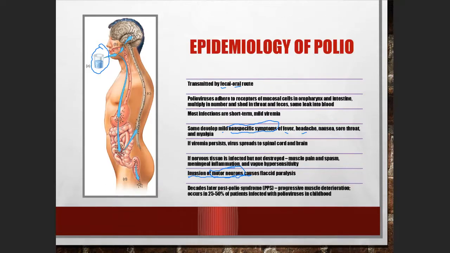When the motor neuron is affected, then what happens? The muscle will also be affected. The muscle will not contract, will not move. Especially for this virus, it infects the lower motor neuron, which is the motor neuron that orders contraction of muscles in our legs or our feet, causing flaccid paralysis.